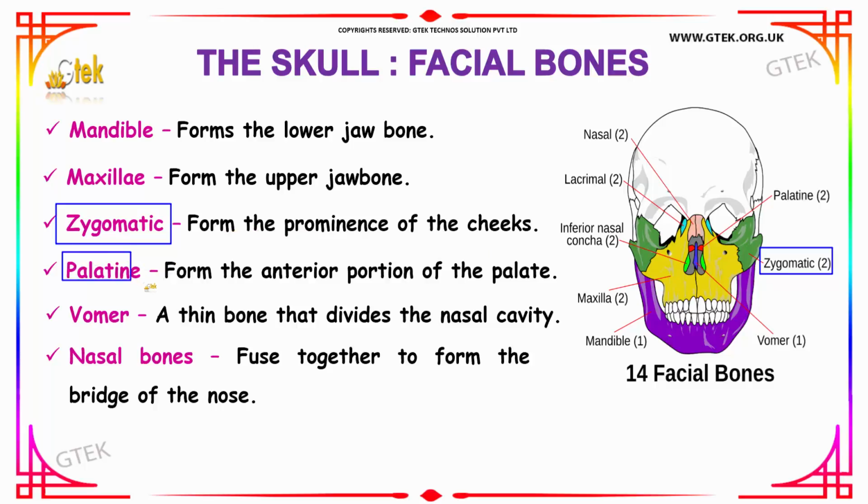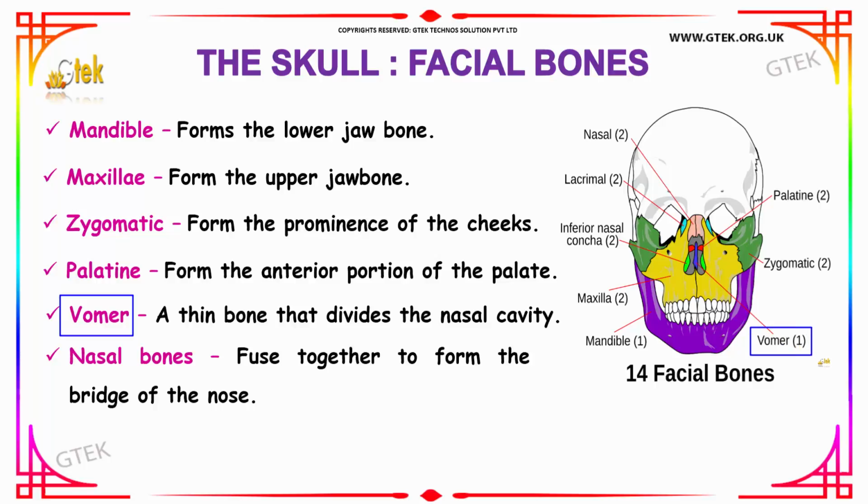Palatine is found in the anterior portion of the palate. Next we have vomer, a thin bone that divides the nasal cavity, and it is found near the nose.